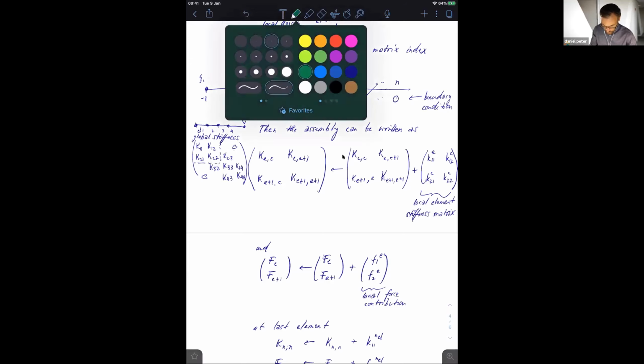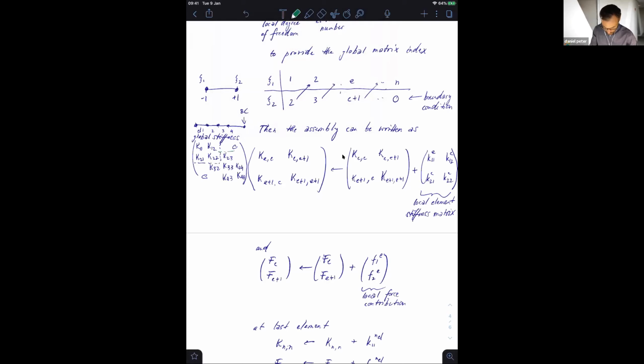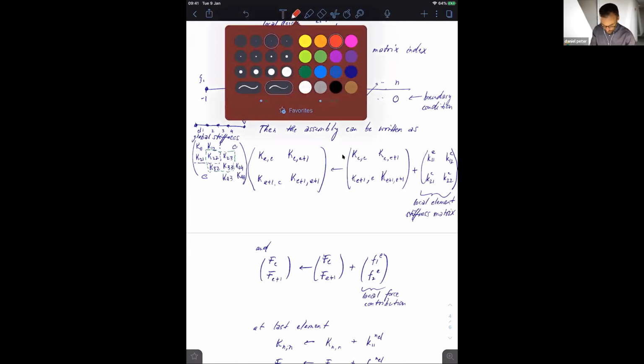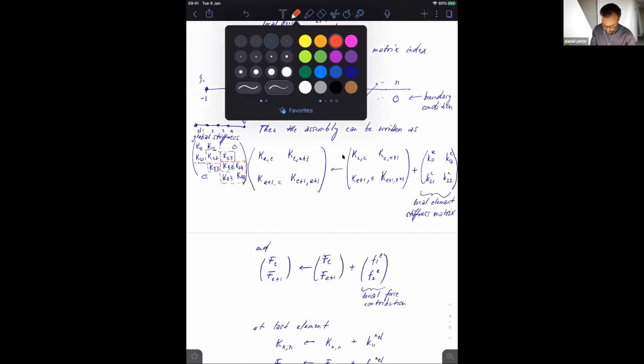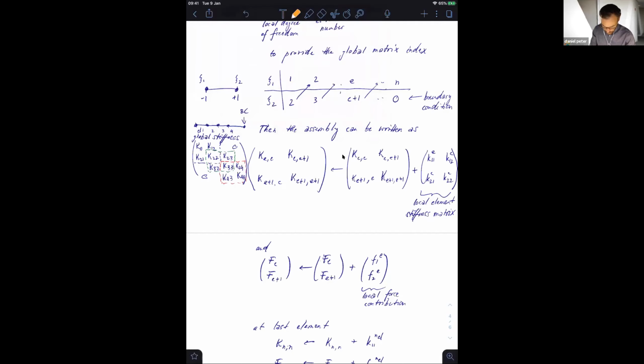Let's use a different color. Second element. Third element. And fourth element. Don't have colors anymore.